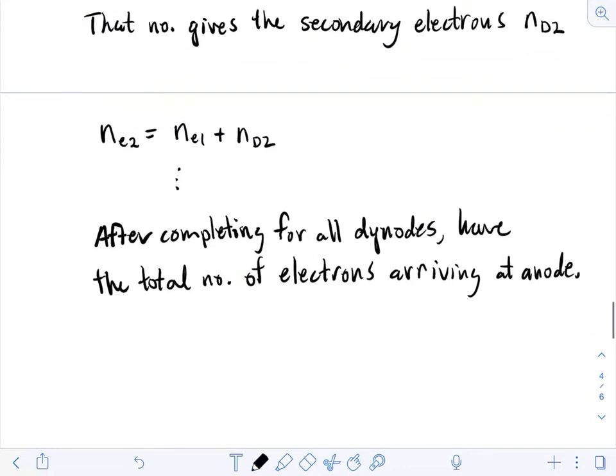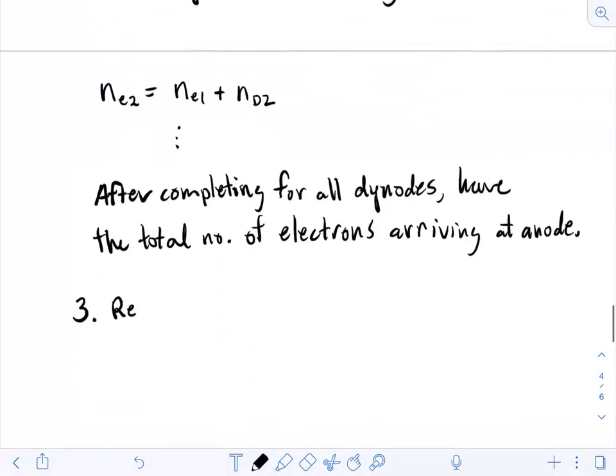The third step is to repeat. This would be step 4.